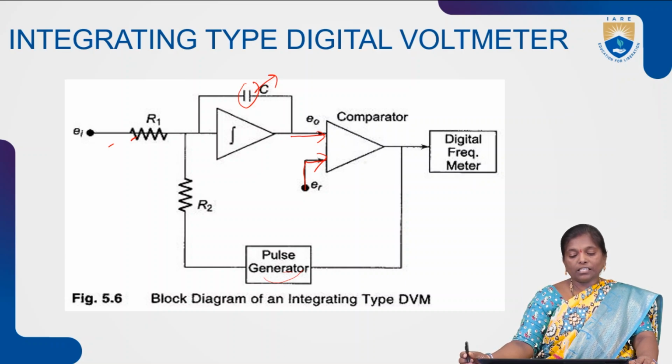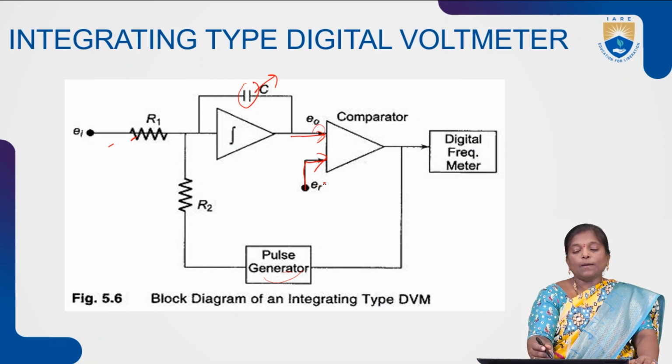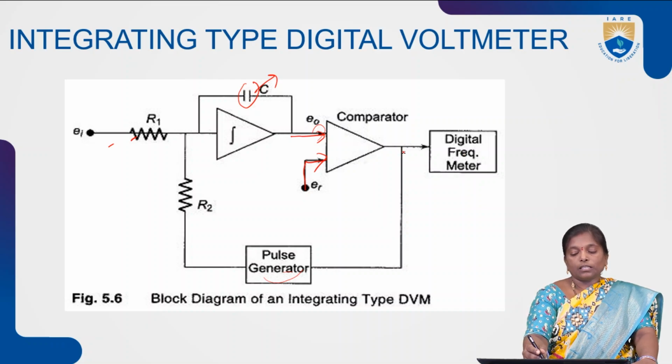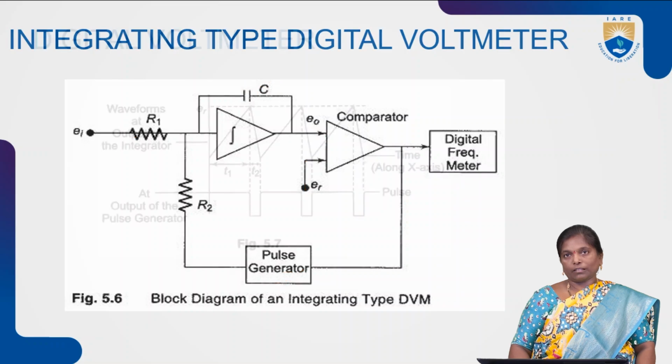While the capacitor discharges, if the output voltage across the capacitor is equal to the reference voltage, then the comparator gives the signal to send the next pulse to the pulse generator. Like this, the pulse generator generates a number of pulses, and the time period and frequency will be indicated on the digital frequency meter.